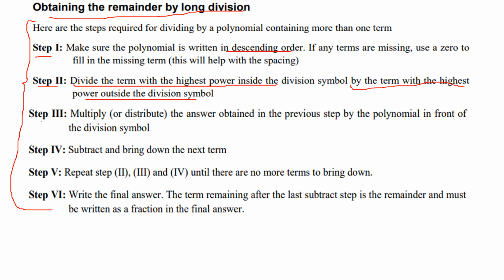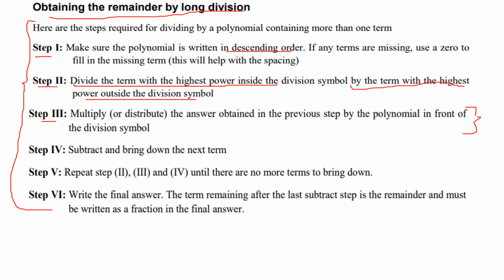And then step 3, we have told you to multiply or distribute the answer obtained in the previous step in front of the division symbol. Now reading this sounds more complex, but you're going to do it practically. This statement means that you get the quotient that you have got, and then you multiply it with the divisor.